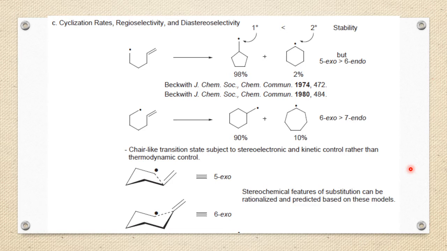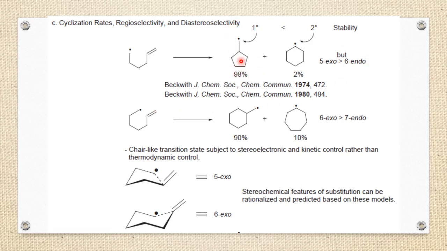Secondary is always greater in stability than tertiary and primary. But you also know that 5-exo is more favorable than 6-endo. So you will find that even though primary is less stable, this particular one normally will follow, wherein it is predominantly dictated by Baldwin's rules.